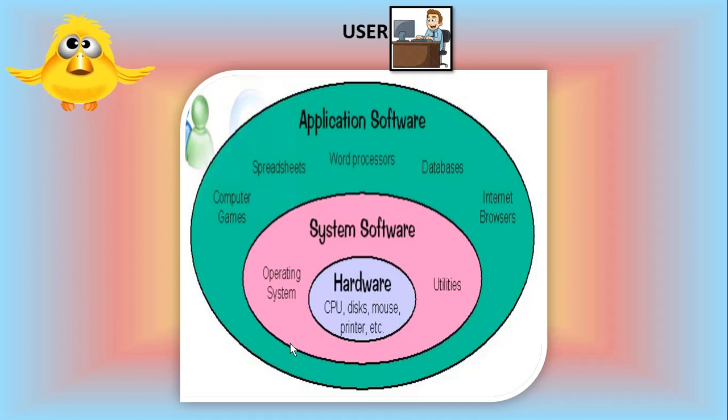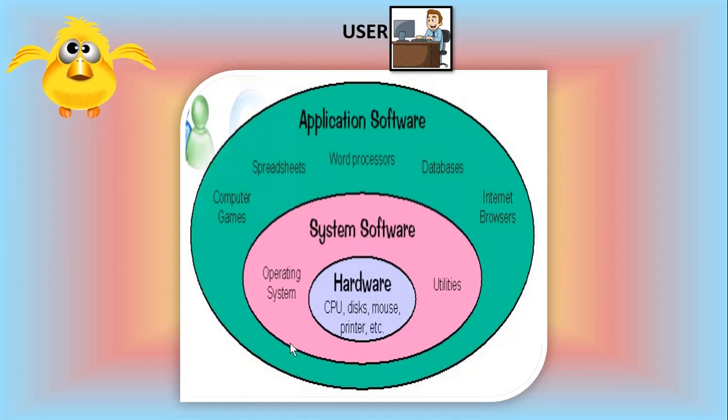The first circle or the innermost circle is of grey color, which shows hardware part like CPU, disk, mouse, printer, etc., which we can see, touch and feel. Then there is a pink circle which shows system software. It is showing operating system and utilities.